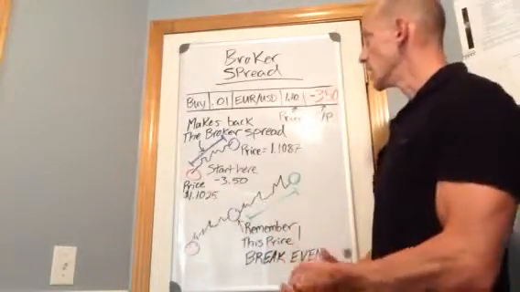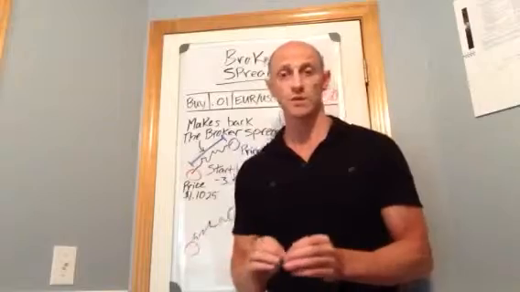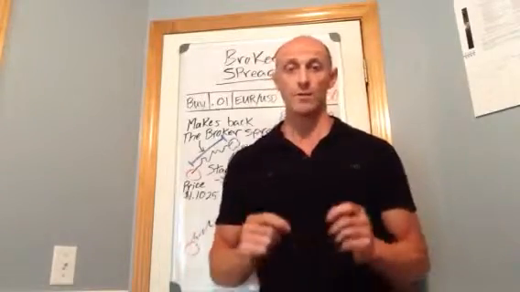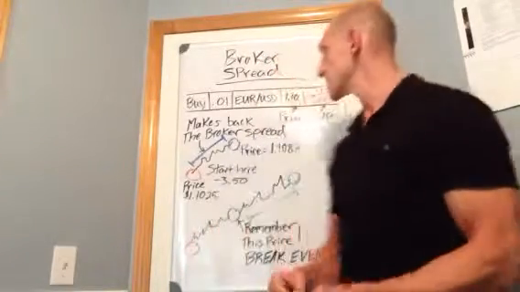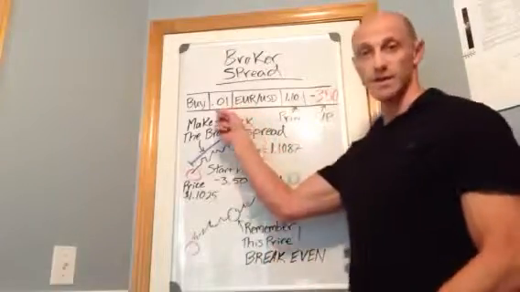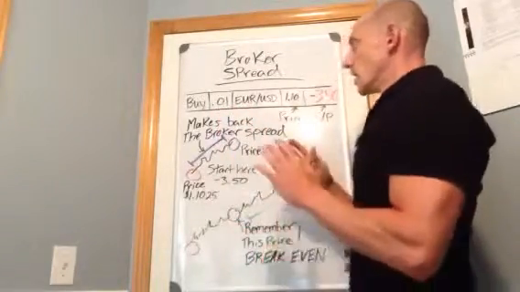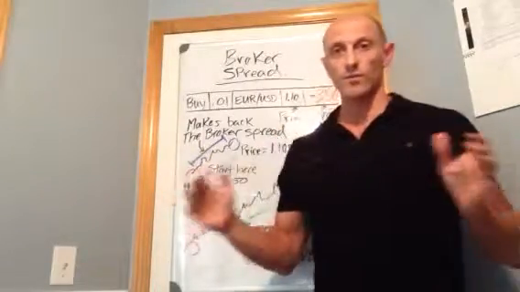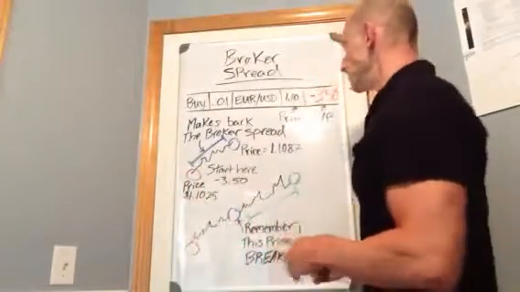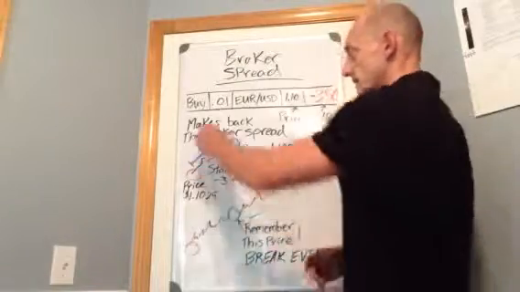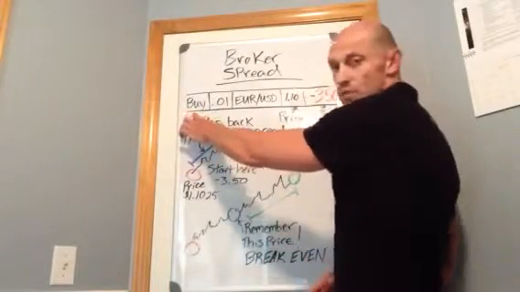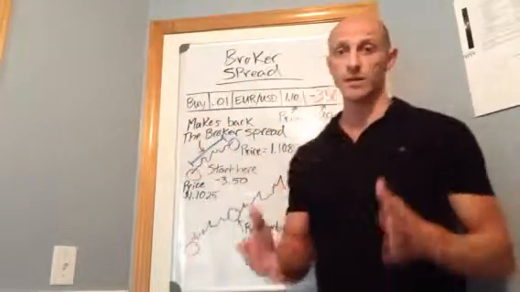So getting started, when you log in to your broker platform for trading currency pairs, you're going to see something similar to what I have here at the very top. It may vary a little bit, but every broker is going to lay it out in a similar format. And that format really is, you're going to have your type of trade up here, so it'll be buy or sell.